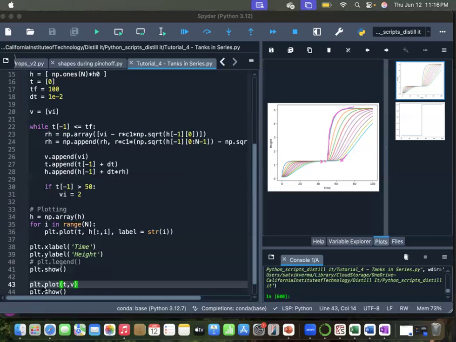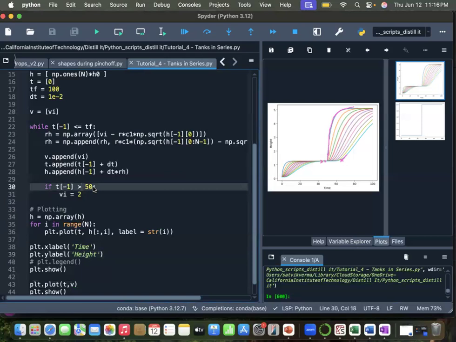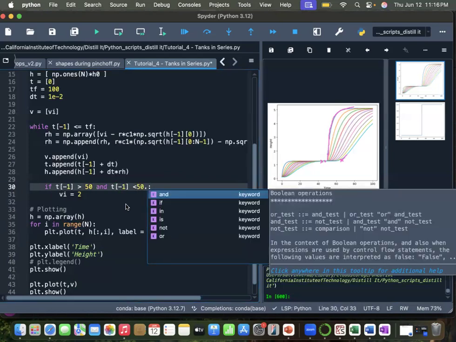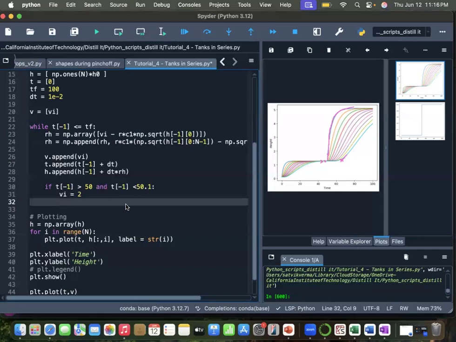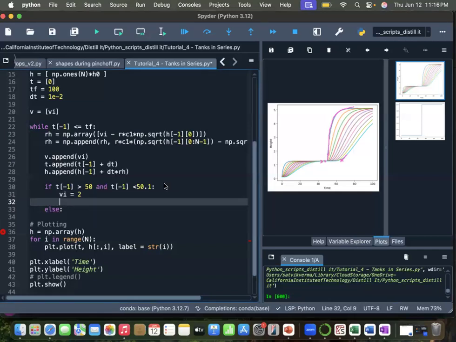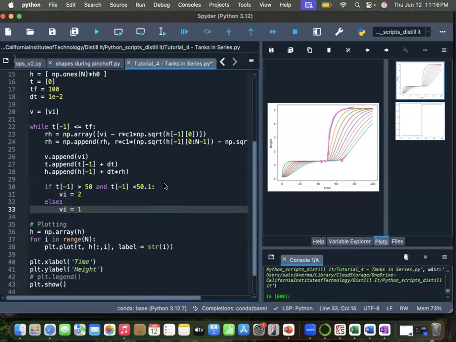So let's say if my t minus 1 is greater than 50 and let's say less than 50.1, we are keeping this change very short, right? And then we'll change vi to 2, and otherwise we'll keep the vi as 1.